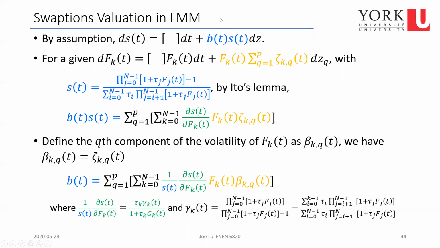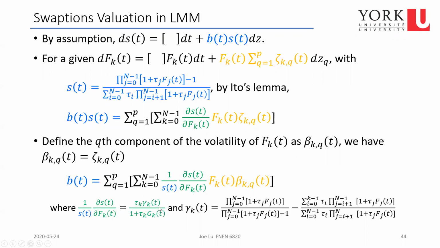Well, if you actually take the partial derivative of this expression with respect to Fk for each of the k, and divide by St, you will find that what's here is this term here.